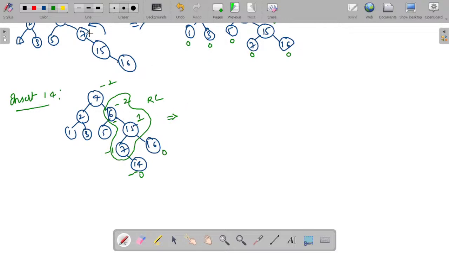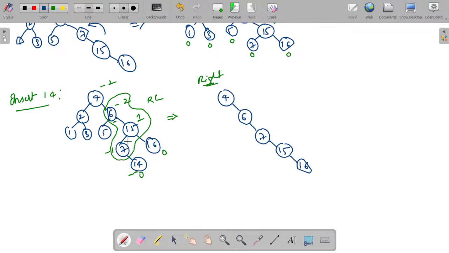So now first we will perform a right rotation. The tree is going to look something like this: 4, and 6 is going to stay as it is because we are not performing the first right rotation on that. The rotation is performed between 7 and 15. So now 7 becomes our root node and 15 is pushed down. 15 has a right child 16, and 14 is connected to 7.